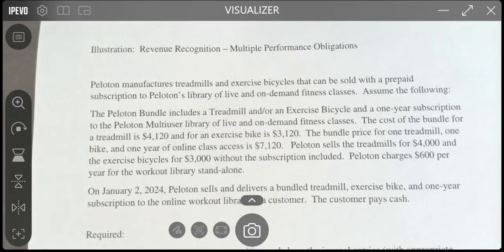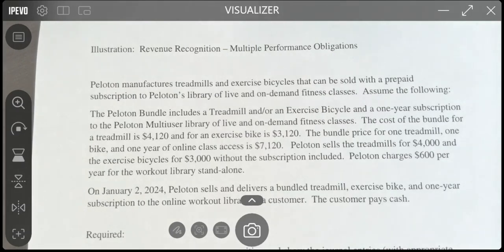Peloton manufactures treadmills and exercise bicycles that can be sold with a prepaid subscription to Peloton's library of live and on-demand fitness classes. You remember that from the last two cases. Now assume the following. The Peloton bundle includes a treadmill and/or an exercise bicycle and a 1-year subscription to the Peloton multi-user library of live and on-demand fitness classes.